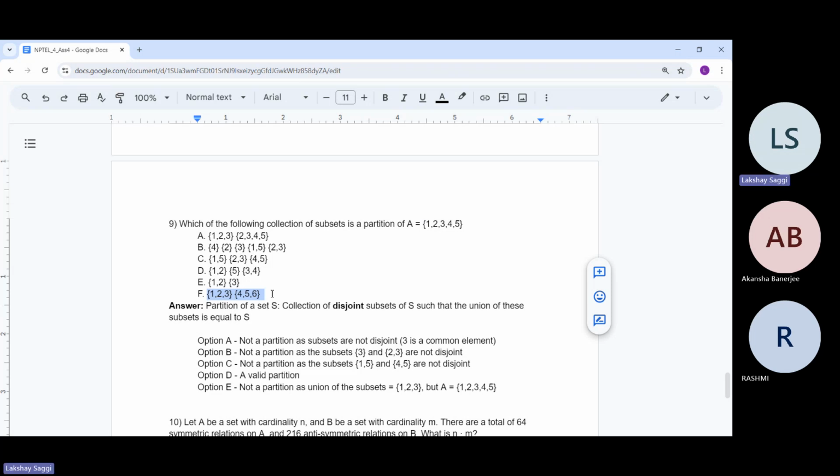I would like to point out that this will also not be a partition because the union should be exactly equal to A. It's not that the union is a superset of A or anything. It should be exactly equal to A. And that is why this is also not a partition, as the union of the subsets is 1, 2, 3, 4, 5, 6, which is not equal to A.